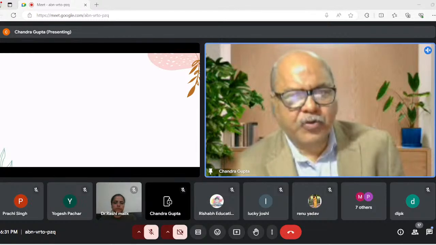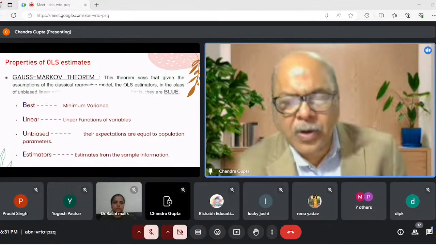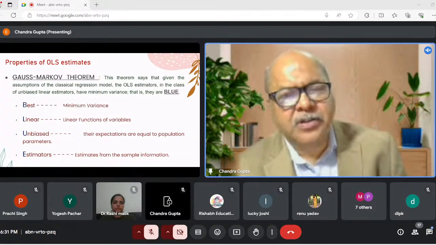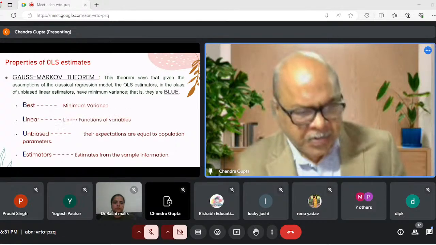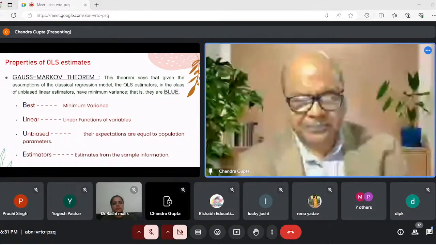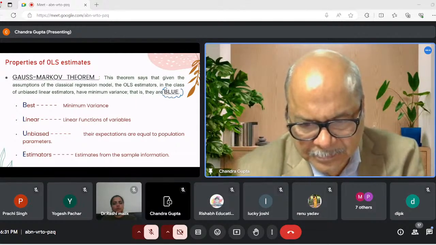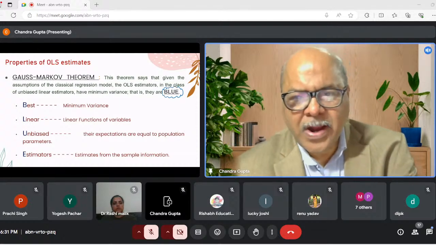Another thing which you have to be very clear about in the OLS estimator is what are the properties of the OLS estimator. We say OLS estimator is a BLUE estimator. Why is it called BLUE?